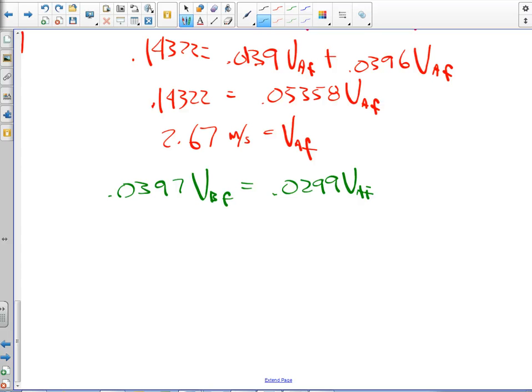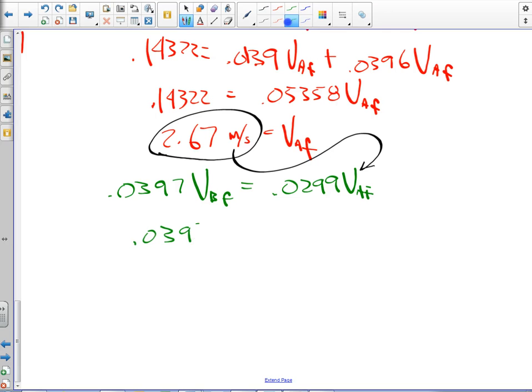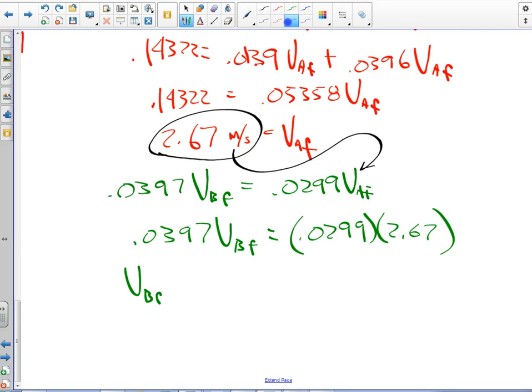And we'll plug this thing in for VA final here, and we'll solve this. So we'll have 0.0397 VB final equals 0.0299 times 2.67. I probably could have picked a better one actually, but that's right. We'll divide both sides by 0.0397, so 0.0299 times 2.67 divided by 0.0397.